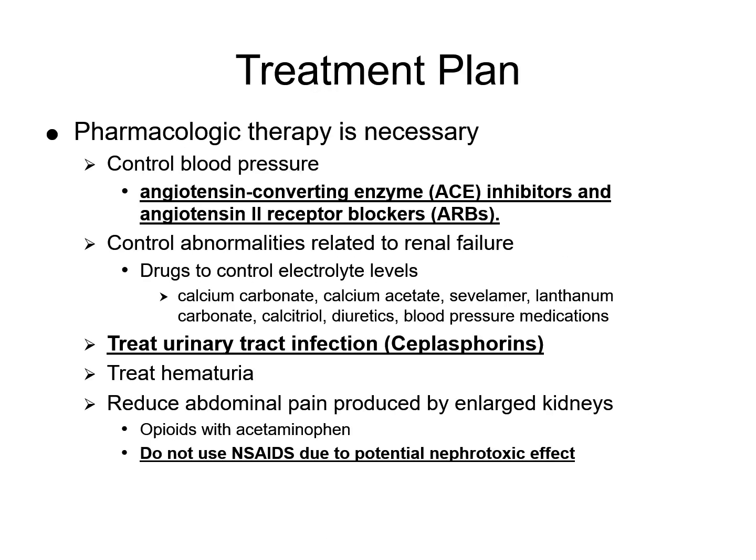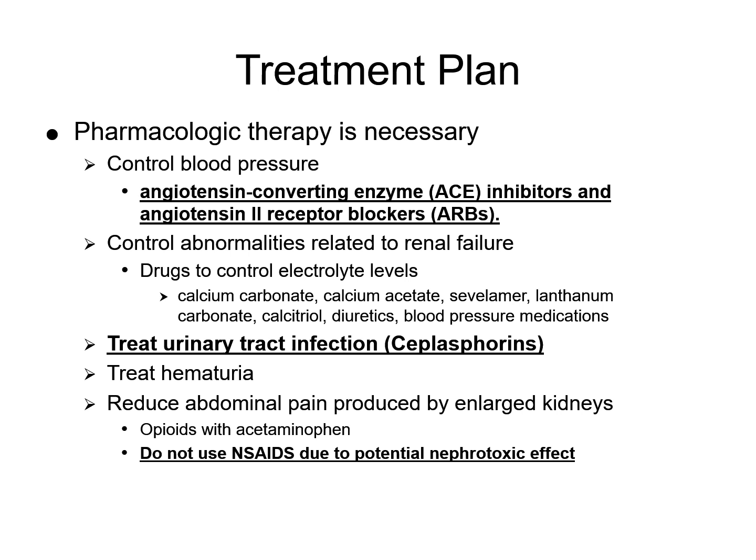Now, to maintain that blood pressure in your treatment plan, the drugs of choice for hypertension are angiotensin converting enzyme inhibitors and or angiotensin 2 receptor blockers. We call these ACEs or ARBs.